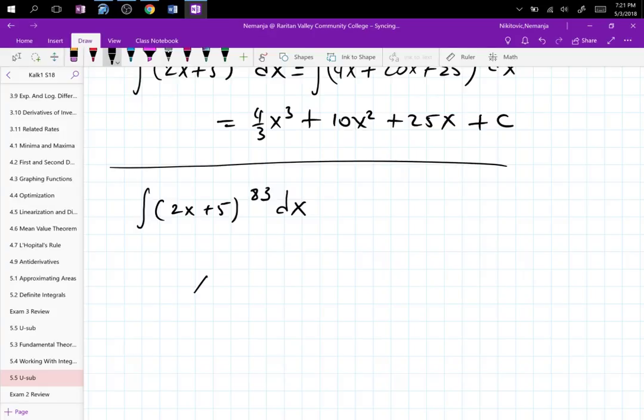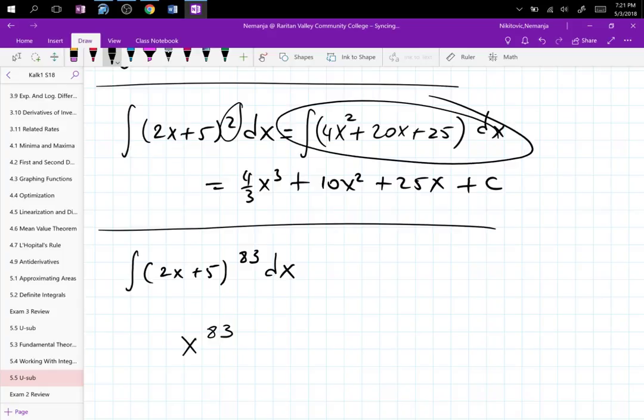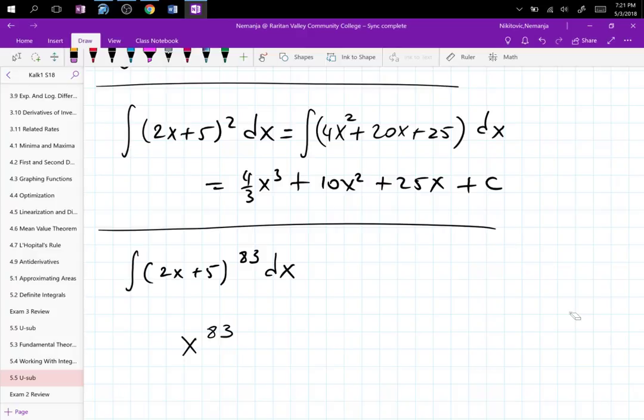You see, I can integrate x to the 83 easily. But to integrate 2x plus 5 to 83, I actually have to FOIL this out, right? Because over here we just have the square, and then we FOIL, and then we integrate, right? So now we are not going to apply 83rd power on this.